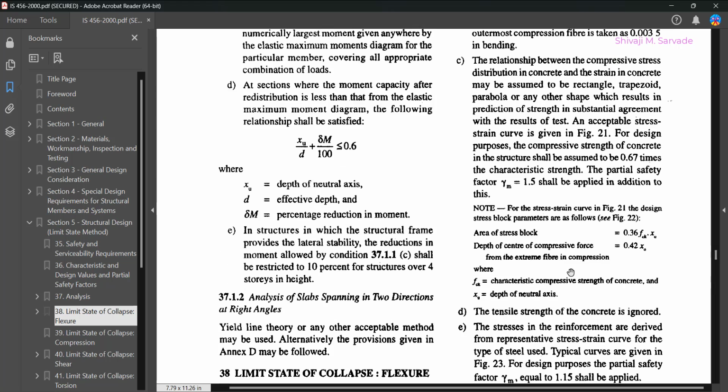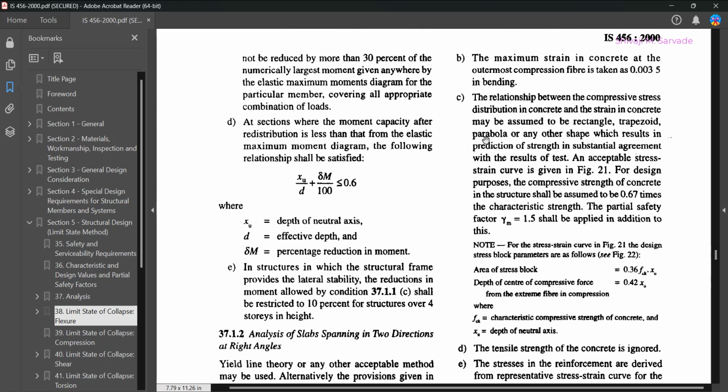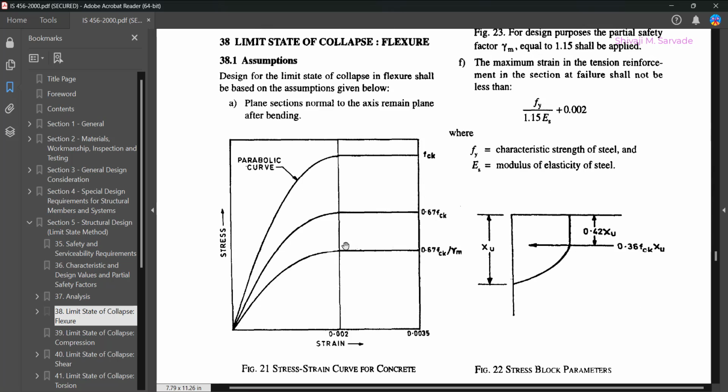Further, if you see the stress diagram, they are telling us that the stress distribution profile can be rectangular, trapezoidal, parabolic, or any other shape, and there is one typical curve shown in figure number 21. So if I go to figure number 21, we can observe a few things. This is the parabolic curve, and this is our fck value. Now the interesting observation from this, the distribution of stress is parabolic up to the strain of 0.002, and afterwards it becomes linear.